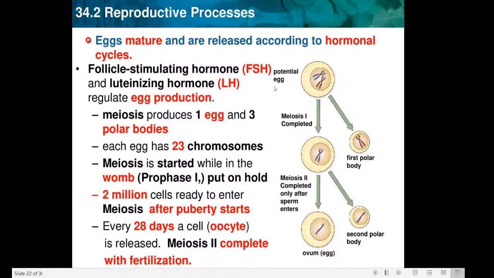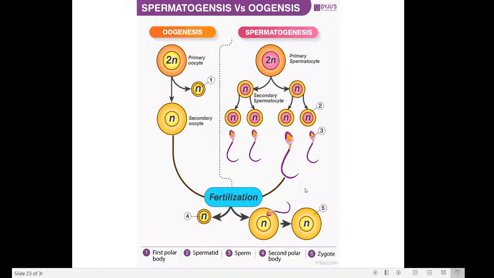Then the meiosis 1 process: meiosis 1 with 23 chromosomes starts at prophase 1. Those 2 million cells are ready to enter meiosis, and after puberty, from the 28th day, the cells are released into meiosis 2.